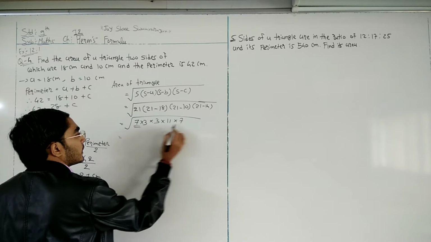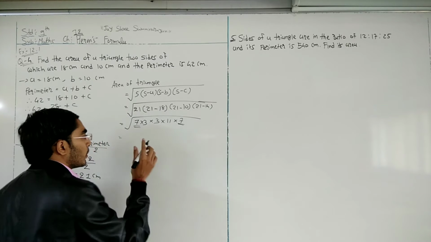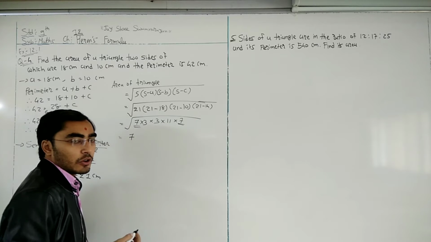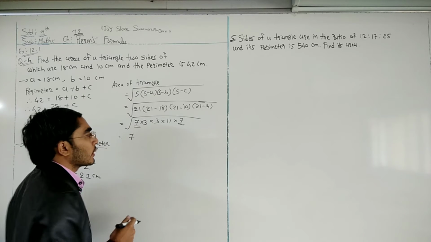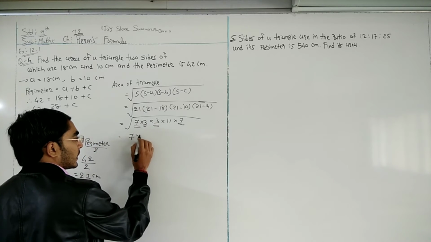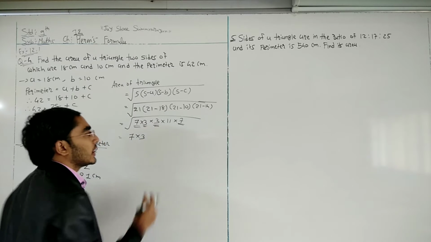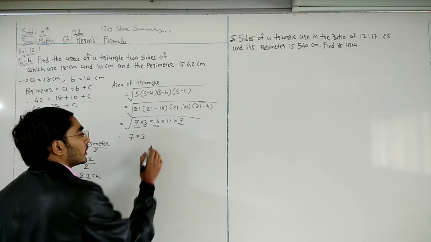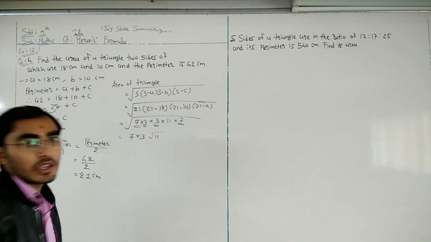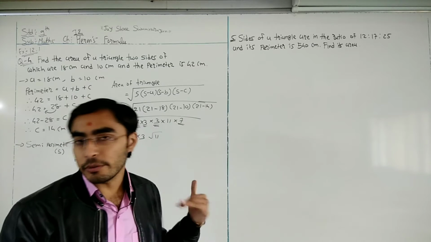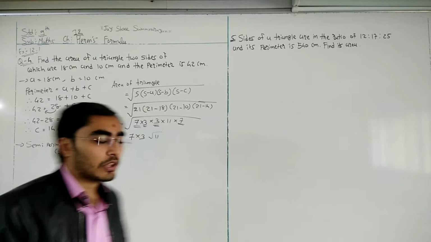Now here 2 times we have 7, so from that 1 time 7 we can take common, that means outside this square root. From 2 times 3 we can write 1 time 3 outside, and 11 only 1 time, so it remains as it is.